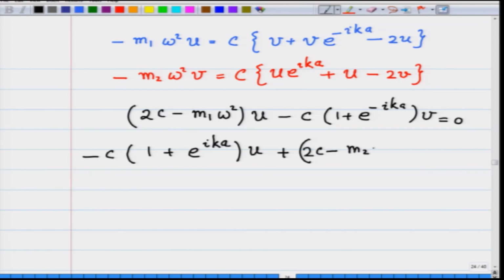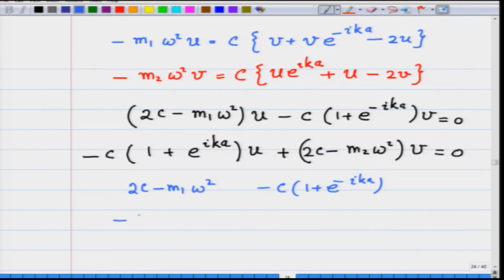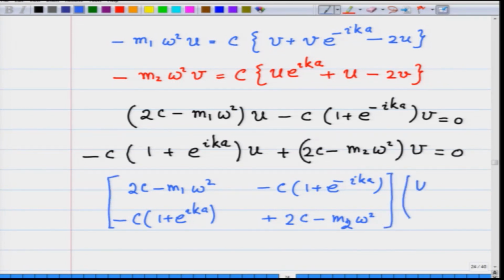minus m2 omega square v is equal to 0, which I can write in the matrix form as 2 C minus m1 omega square, minus C 1 plus e raised to minus I k a, minus C 1 plus e raised to I k a, and 2 C minus m2 omega square, times u v is equal to 0.